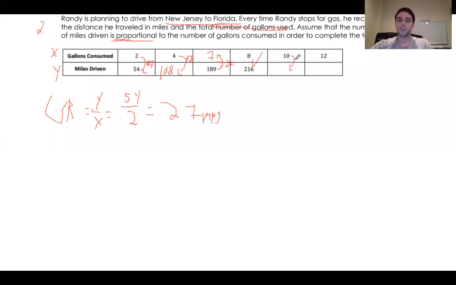So how many miles do we drive on 10 gallons of gas?